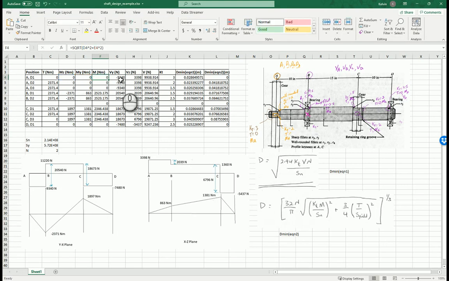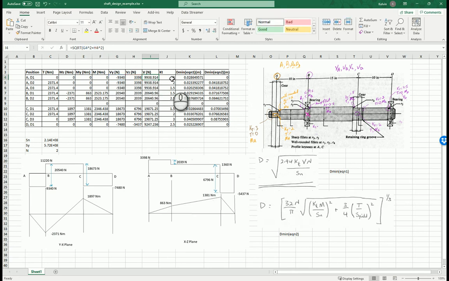The shear force at position A was minus 9340 in the y direction, and in the z direction is 3398. Again, the resultant shear force would be the square root of VY squared plus VZ squared. So that will be V.